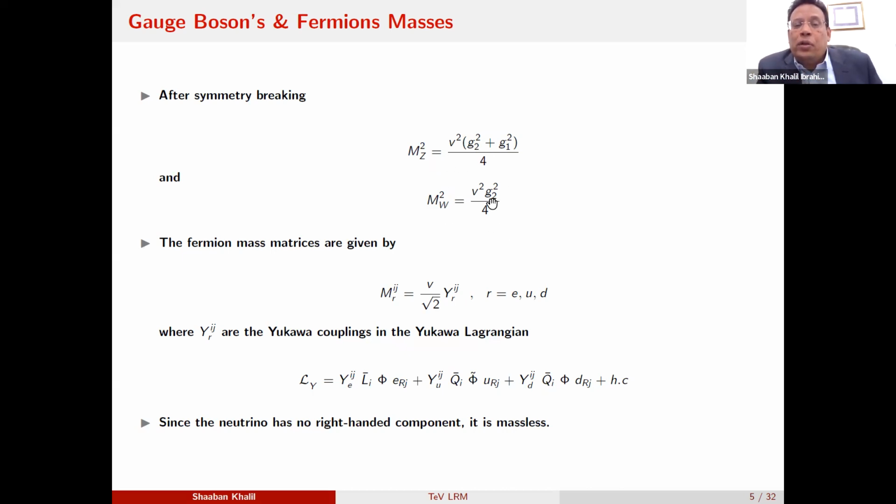Nice things happened also in this model, that you do not only generate mass for the gauge bosons, but even the fermion masses, leptons, quarks, everything which was massless due to the gauge symmetry assumption. Now the gauge symmetry is broken, and the masses are generated. And they are generated in terms of the same vacuum expectation value.